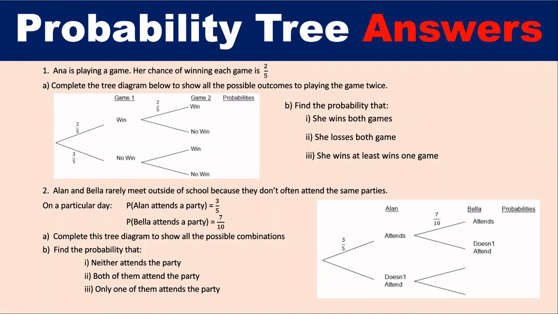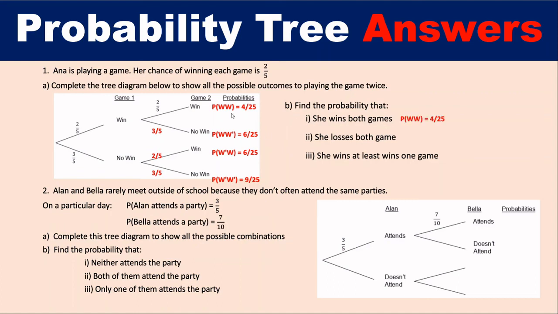For question 1, to complete this tree diagram, make sure that your branches add up to a total of 1. And your probabilities of your combined outcomes is a product of the probabilities on the branches. 2/5 times 2/5 is 4/25. Now that you've got a complete probability tree, you should be able to work out the probability that she wins both games.